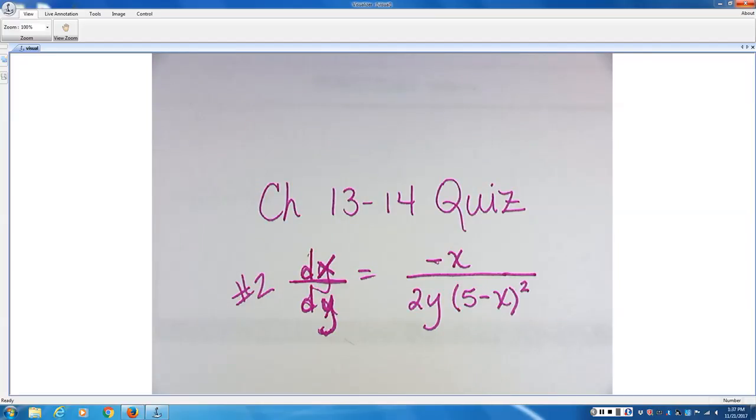Ah, yes, yes. I forgot my negative one. Which means that this negative cancels out. Okay. Yeah, okay.